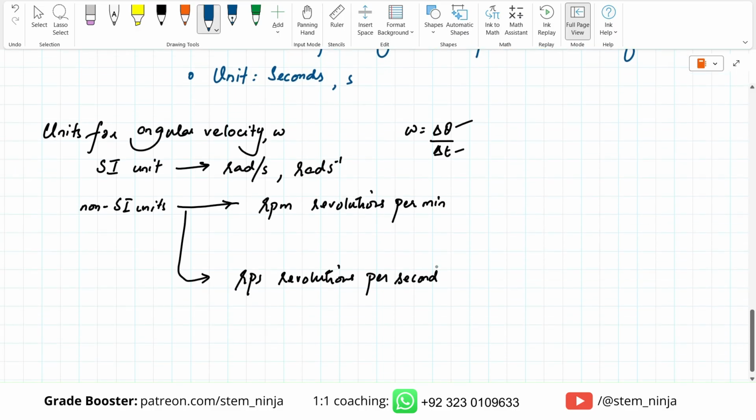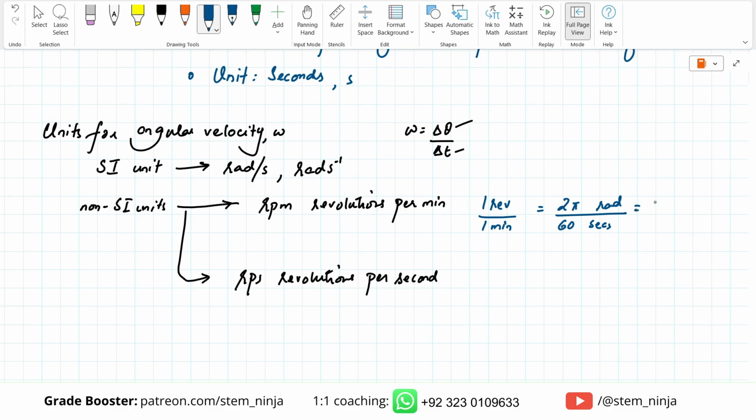So, for example, one revolution per minute: one revolution, we know in radians is 2 pi radians, divided by 1 minute, convert it into seconds, this would be 60 seconds.